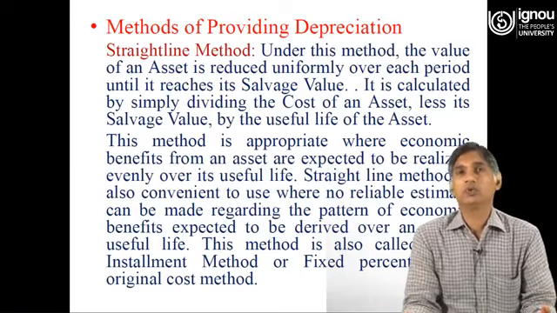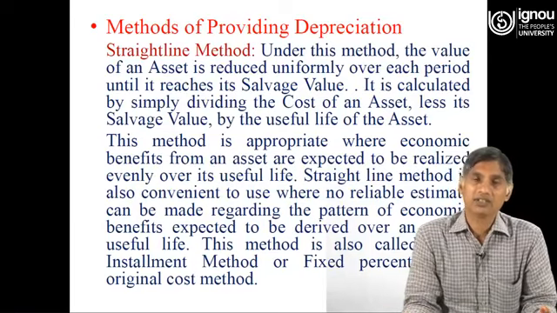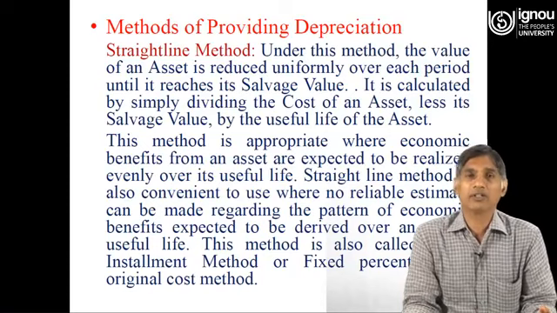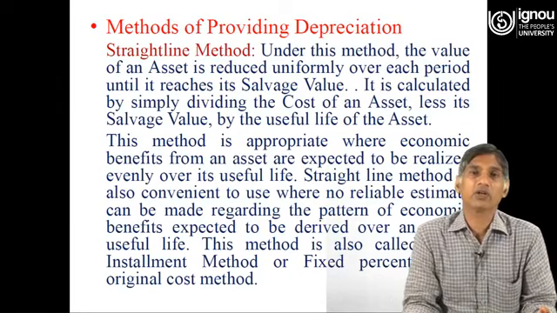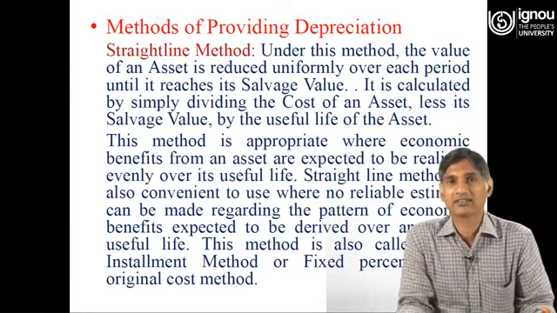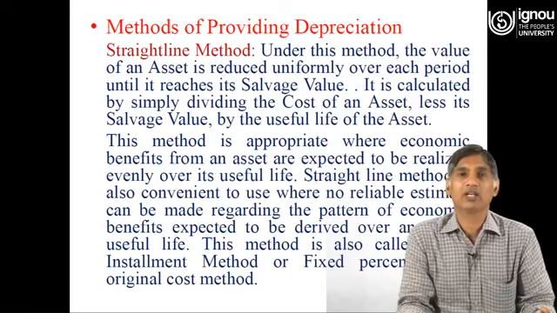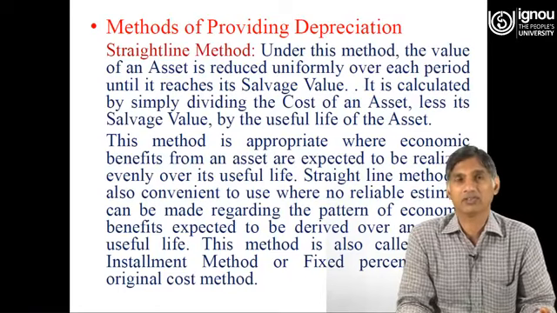So these are the two important aspects which we need to keep in mind. The first one is that this method is suitable where economic benefits from an asset are expected to be realized evenly over the expected useful life of the asset.